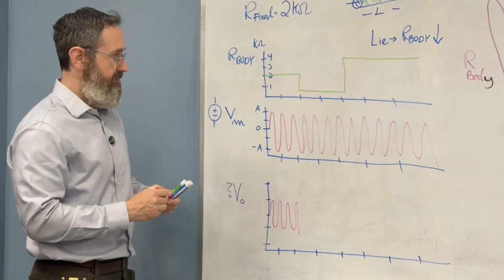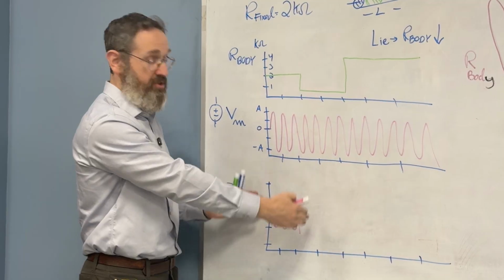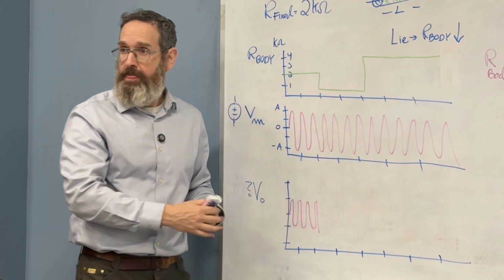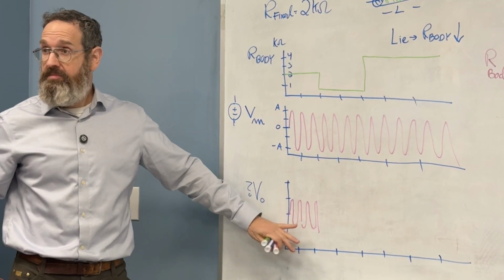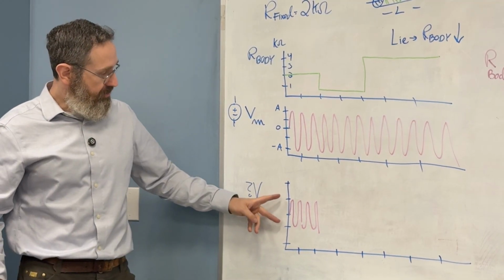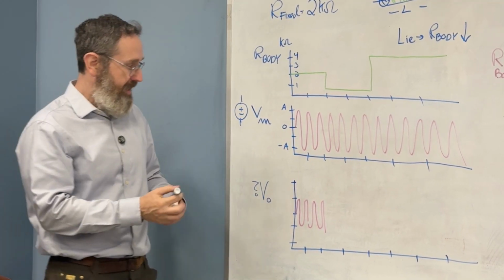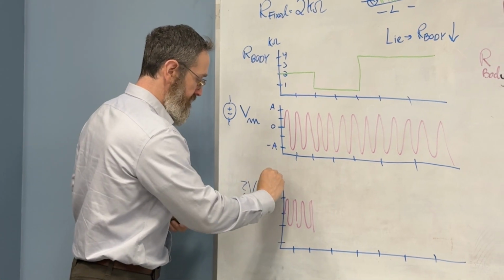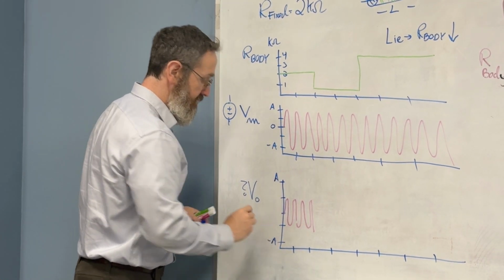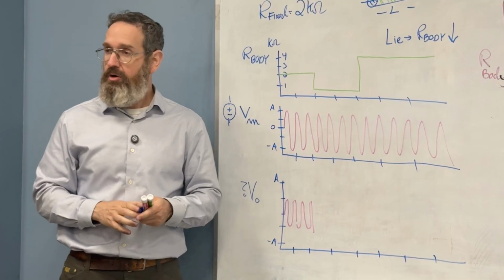What I've done here is I've tried to match up, this frequency should be the same as this frequency. I've tried to do the same number of wiggles, but I've tried to, in my illustration, point out that, if I'm doing this on the same scale, the wiggle is half as small.